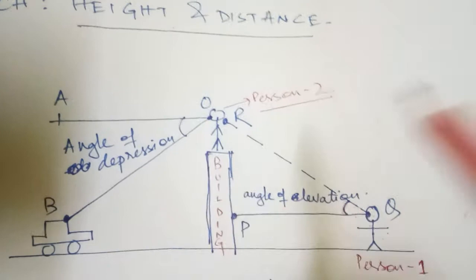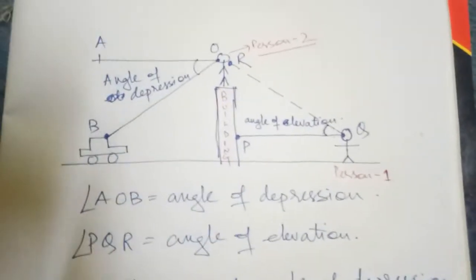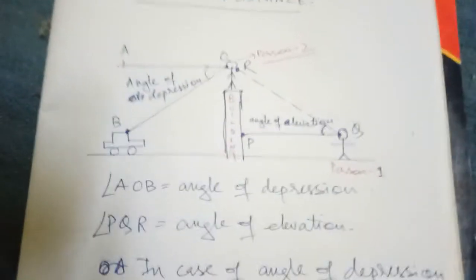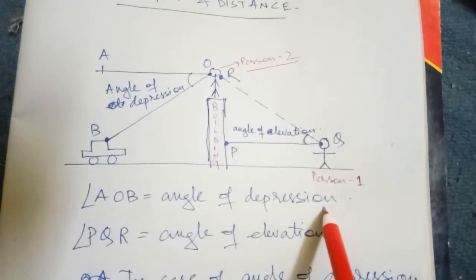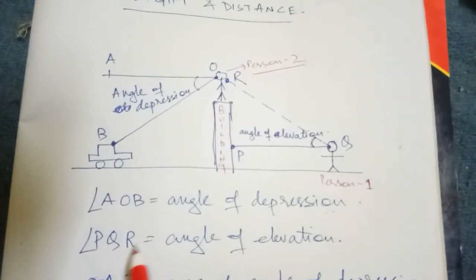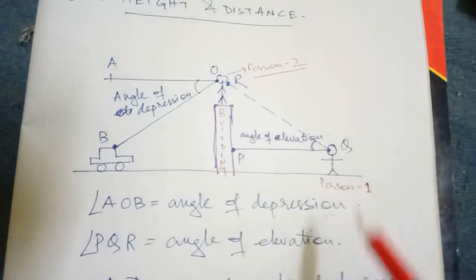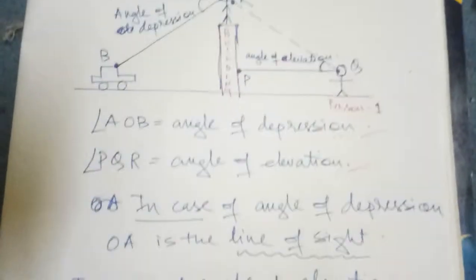I've written this here also, to make you understand more easily. AOB is the angle of depression and PQR is the angle of elevation.